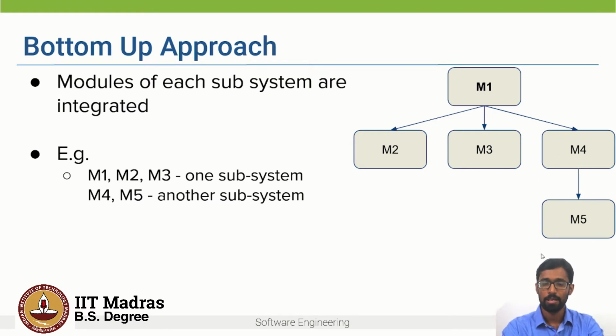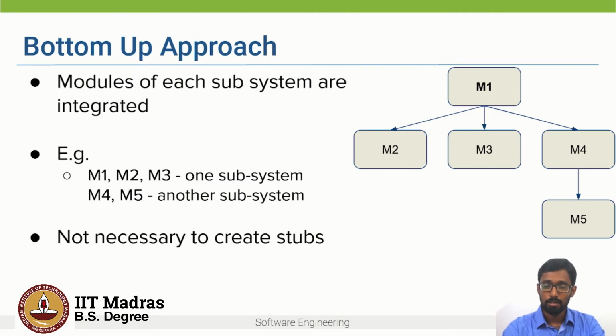Now, in the bottom-up approach, we'll integrate M1, M2 and M3 first, and we do an integration testing. We then integrate M4 and M5 and do an integration testing of M4 and M5. And then we incrementally combine all of these subsystems together.